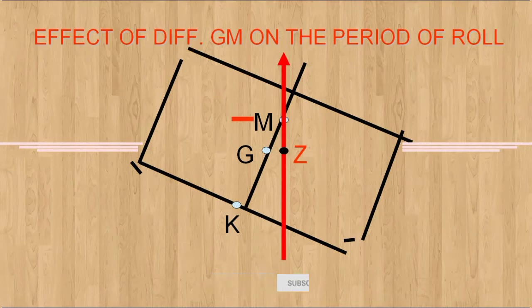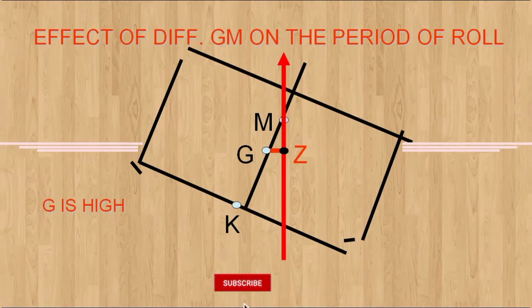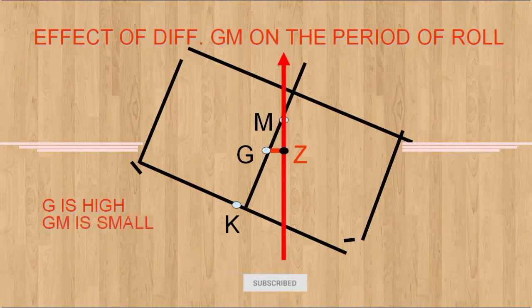If we have a large KG, or the position of the center of gravity is high, then we will be expecting that the GM will be small, of course. And as we have learned in our discussion in midterm, GM and the GZ are proportional to each other.